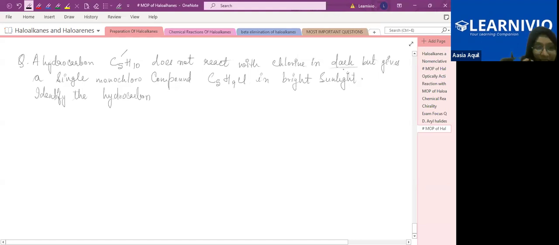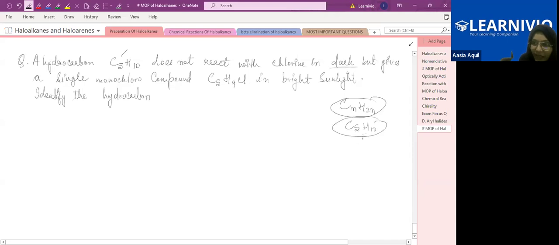An alkene gives the chlorination reaction in bright light, but in dark it won't react with chlorine. So C5H10 is not supposed to be an alkene, because you know very well the formula for an alkene is CnH2n.